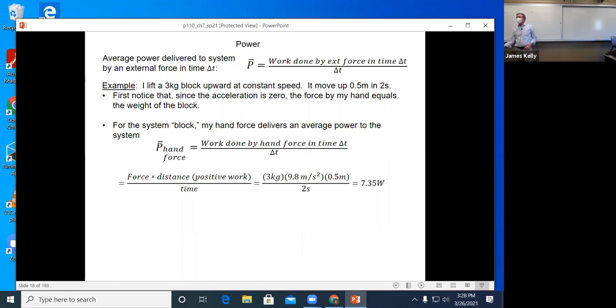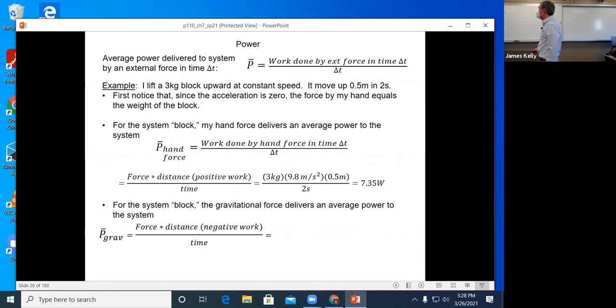If the system is the block, I'm not the only thing doing work on it as I raise it up at constant speed. Gravity's doing work on it too. It's another force, right? So gravity's doing work on it, and it's actually doing negative work. It's going up and gravity is pulling down, but unsuccessfully keeping it from moving upwards, okay? So the only difference is there's a negative work in the numerator.